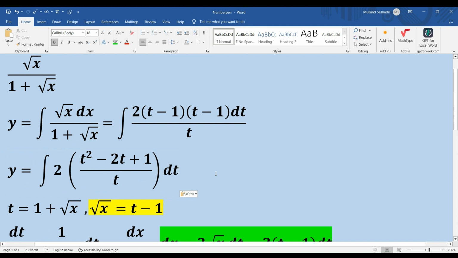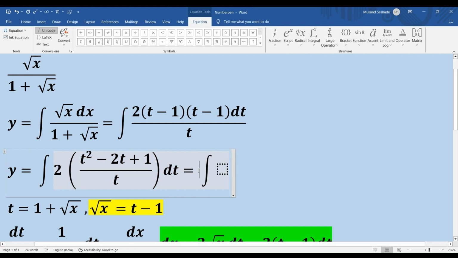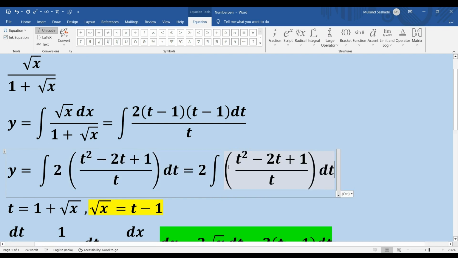So that's my y, because my t minus 1 the whole square is nothing but t square minus 2t plus 1, and I have that in the numerator, and then I have a t in the denominator. We also have a 2 along with us in this particular expression, right? So I'm going to pull out that 2 and rewrite this particular expression as 2 times integral of t square minus 2t plus 1 divided by t times dt, right?